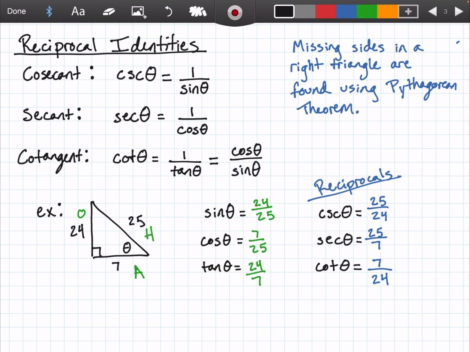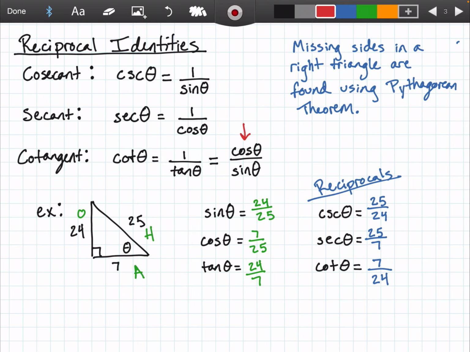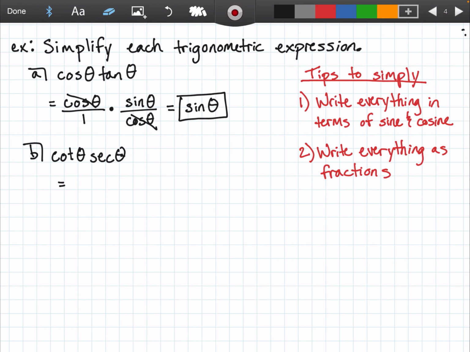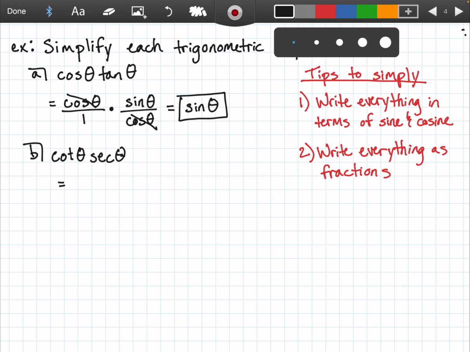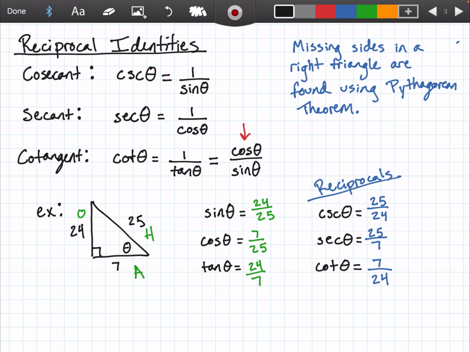Cotangent was 1 over tangent, but it's most helpful in these situations to write it in terms of sine and cosine. So I'm actually going to put my focus here, that cotangent is the same as cosine divided by sine. Okay, so cosine divided by sine is cotangent, and secant, maybe I'll have to write down these identities so we don't have to keep going back and forth.